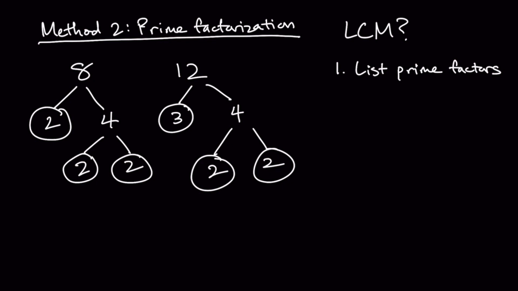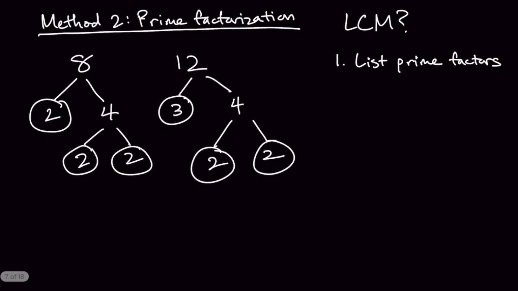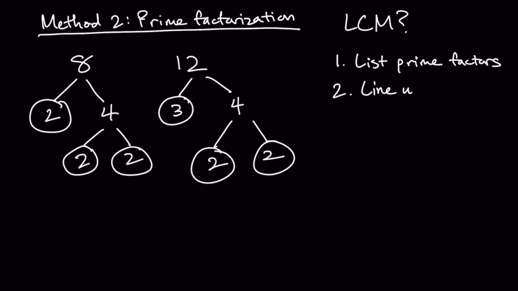Now to find the least common multiple using these prime factors, we have to line up the prime factors into a table.